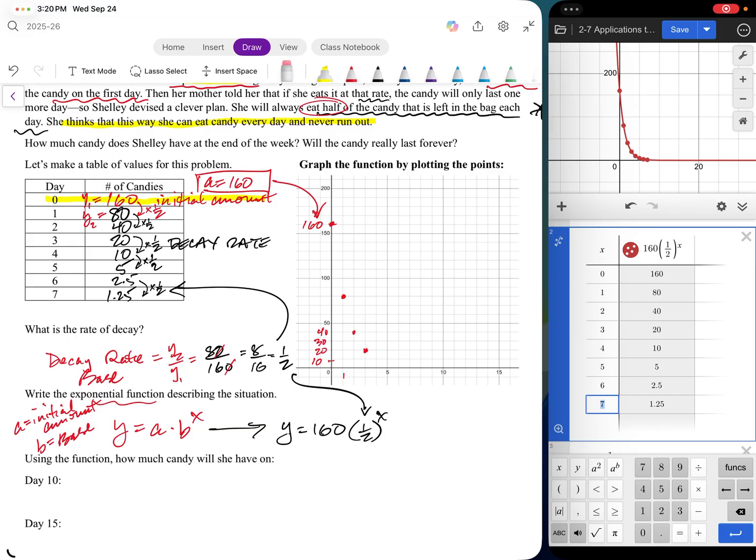At 4 days, you have 10 candies left, so I got to go up to the first grid line here. There we go. After 5 days, you have 5, which is half of 10. After 6 days, you have half of that, so it's getting really, really close to the x-axis here. And after 7 days, 1.25 is barely off the x-axis.